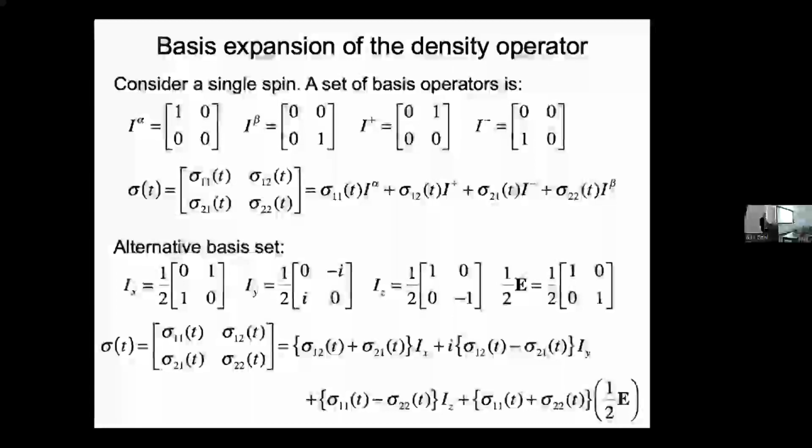Of course, if you go to 3 spins, you have 64 basis operators, and you're starting to get a little tired of working out all the rules. So again, eventually you just turn the problem over to a computer. And it turns out that under the weak scalar coupling Hamiltonian, many of these operators don't interconvert with each other.